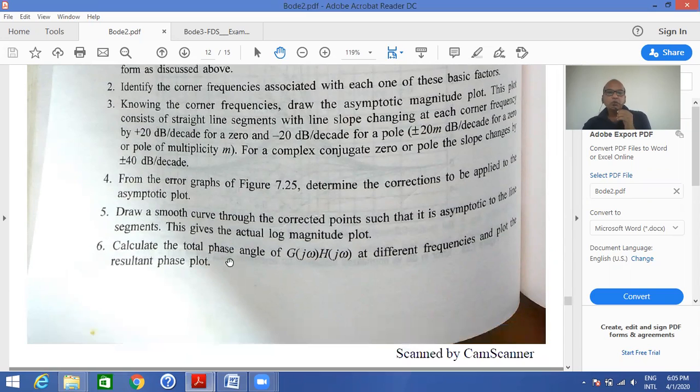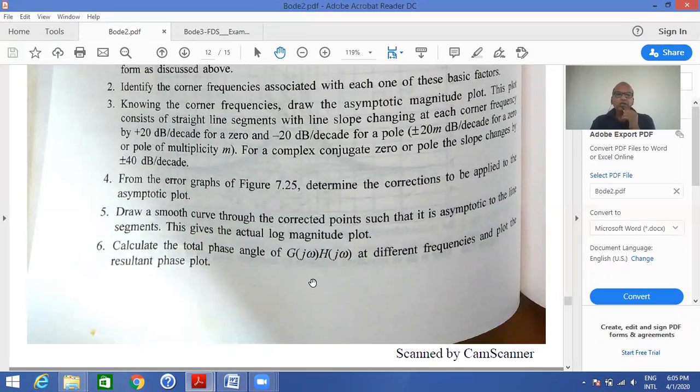Then calculate the total phase angle. Phi is the phase angle of the open loop transfer function: phi equals tan inverse of the imaginary divided by the real of the numerator, minus tan inverse of the imaginary divided by the real of the denominator. Then put the value of omega equal to say 0.1, 0.2, 1, 2, 5, then 10, 20, 50, 100.